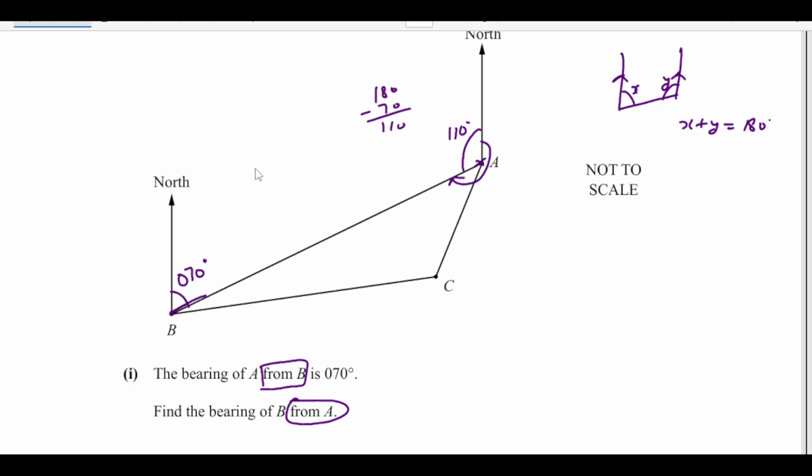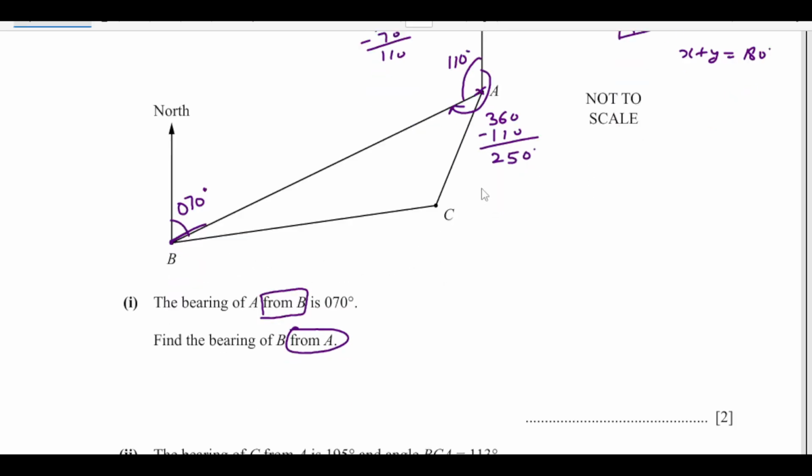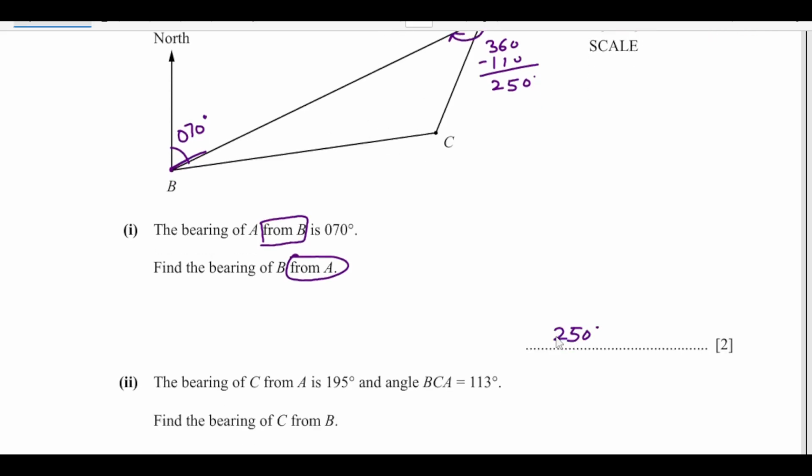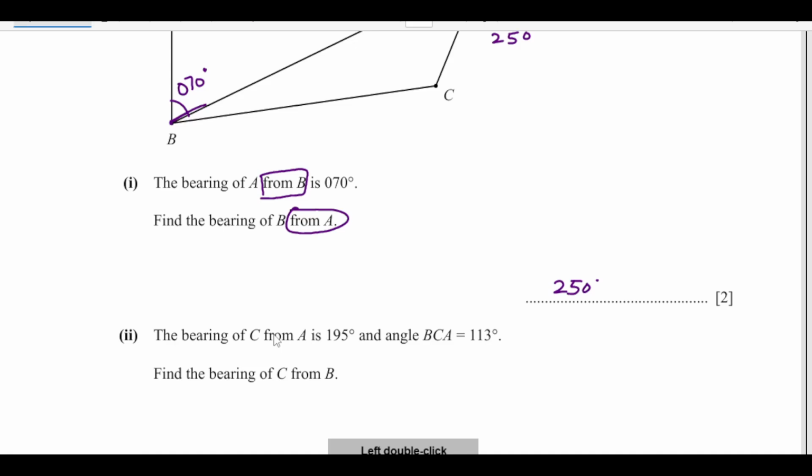Now we are looking for actually this angle. This angle is going to be 360 minus 110, which comes out to be 250 degrees, right? So the bearing of B from A is 250 degrees.